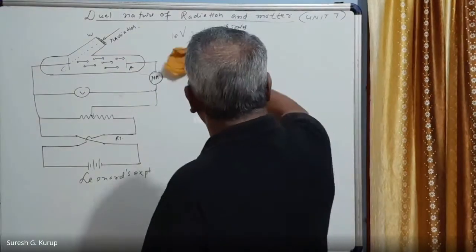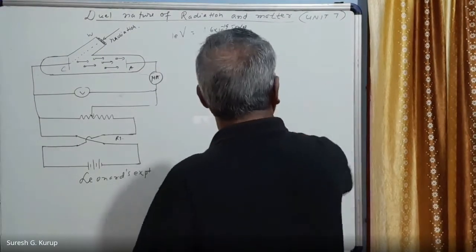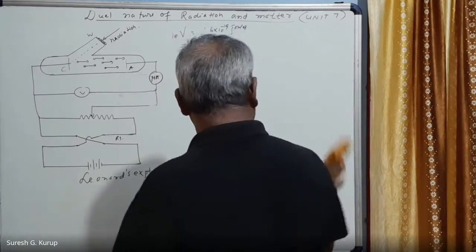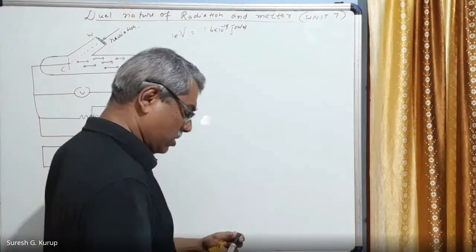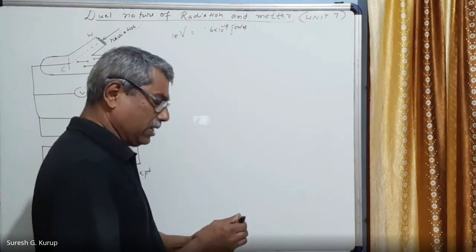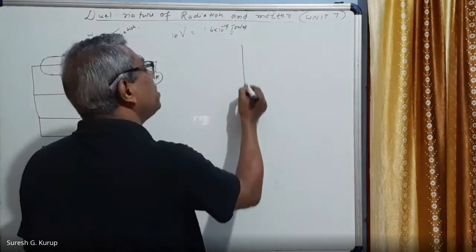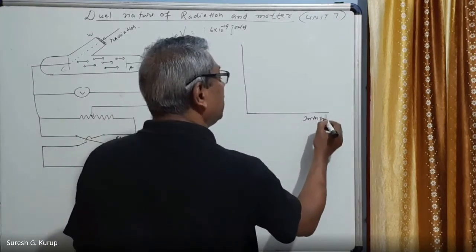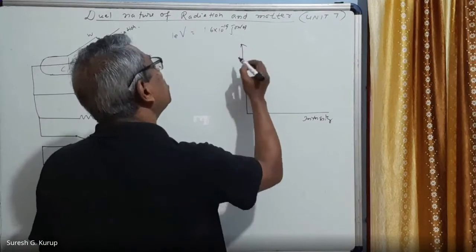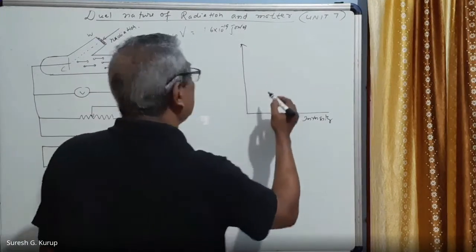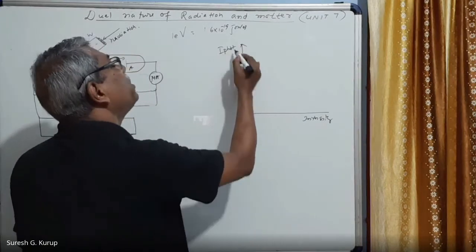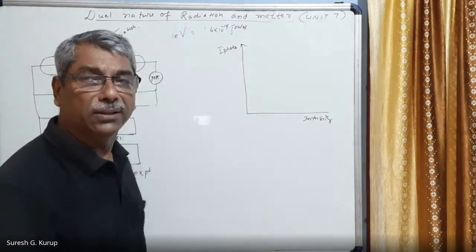That means keeping the frequency and the potential of the anode plate both constant, you are increasing the intensity of radiation. Then we can make a graph. This is intensity, increasing, and this is photo current, I photo, that means photoelectric current.